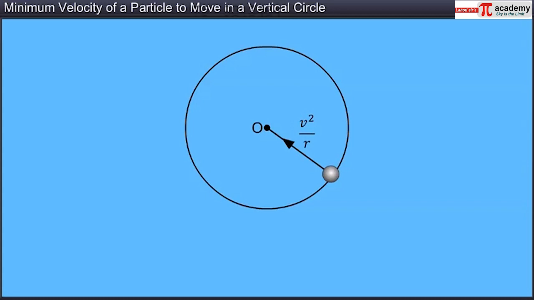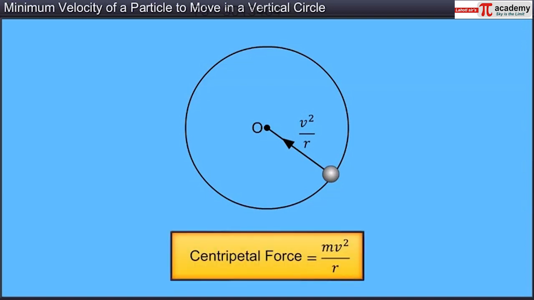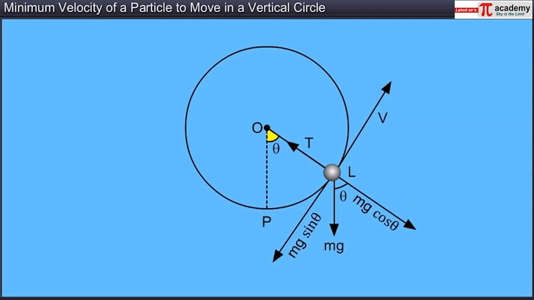The corresponding instantaneous centripetal force on the particle is equal to m v square upon r. The tension force in the string acts on the particle towards the center of the circle. On the other hand, the force mg cos theta acts away from the center of the circle.